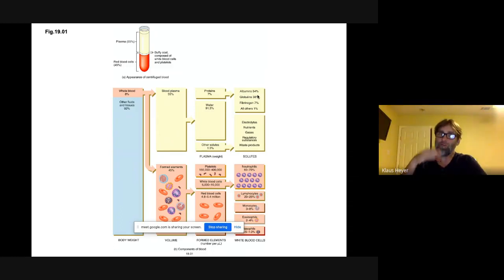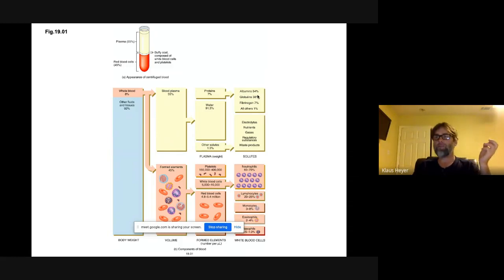So if it went below 7.35, say 7.3 or 7.25, we would call it acidic. There's not a lot of variance for that pH. And 7.5 would be alkalosis. Anyway, the pH of blood has that range, 7.35 to 7.45, and your body is set up to keep it in that range.